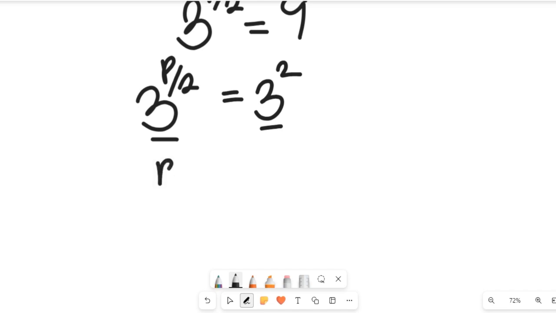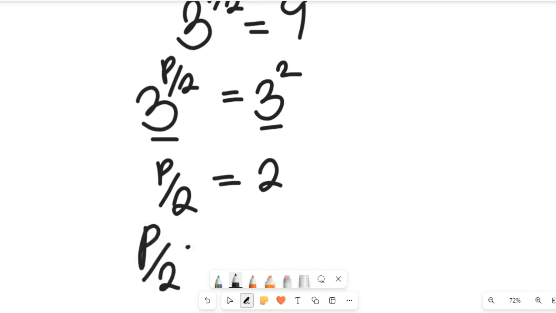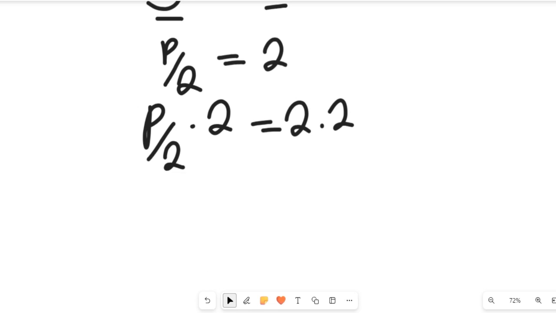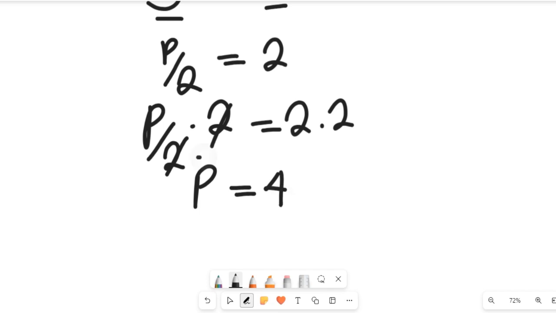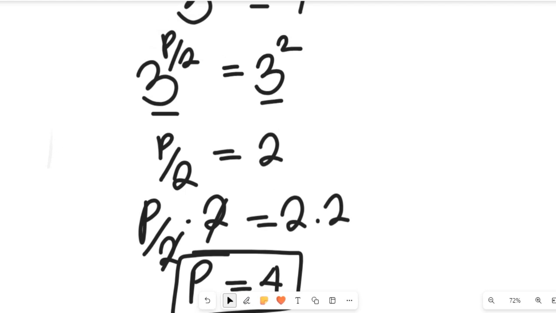So we'll have p divided by 2 equal to 2. Let's multiply both sides by 2. P divided by 2 multiplied by 2 will be equal to 2 multiplied by 2. So as this clears this, our p will be equal to 4.